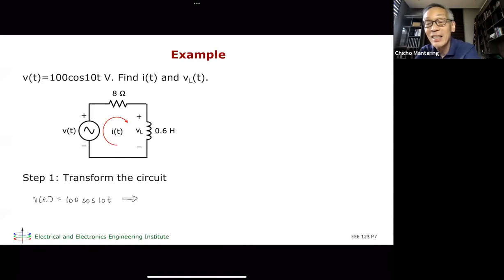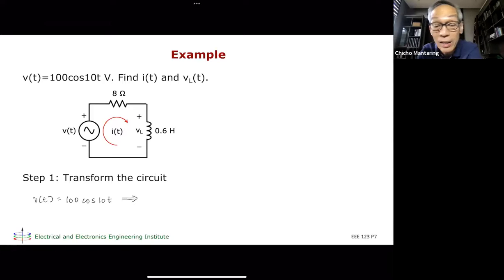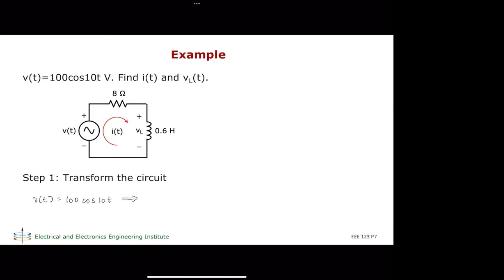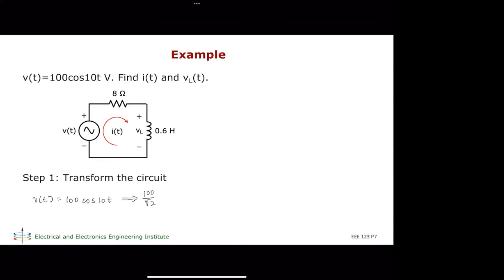Joseph? Are you there? Wala yata si Joseph. What about Albert? Albert? Sir, is it 5 square root of 2 and wala na pong angle? Ano? 5 square root of 2, then wala na pong angle. Angle of 0. Yeah, it's 100 over the square root of 2, so 50 square root of 2.